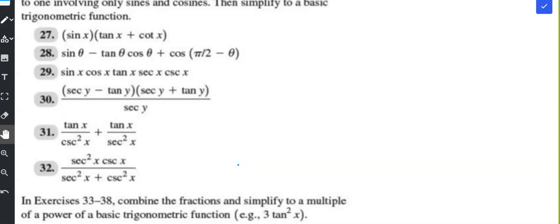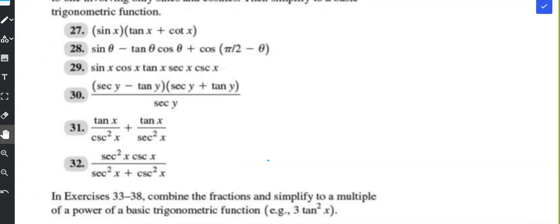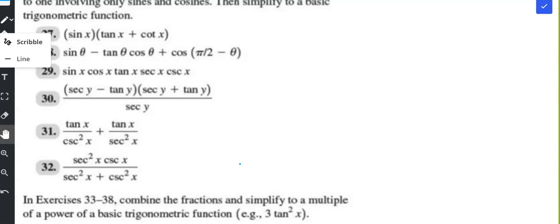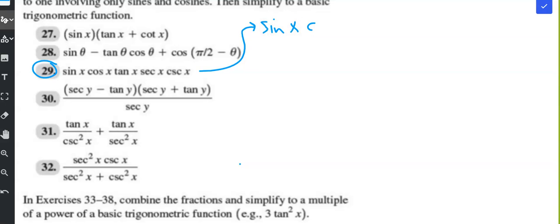Okay, so I'm going to rearrange these terms on number 29. I'm going to rearrange them to look like this: sine x, cosecant x, cosine x, secant x, tan x.